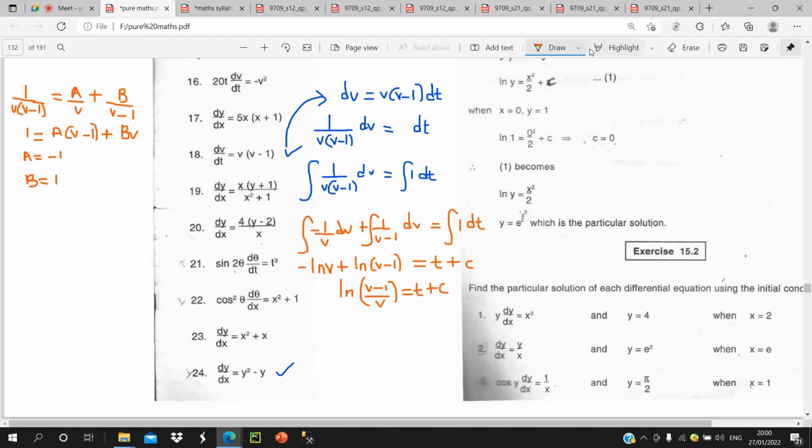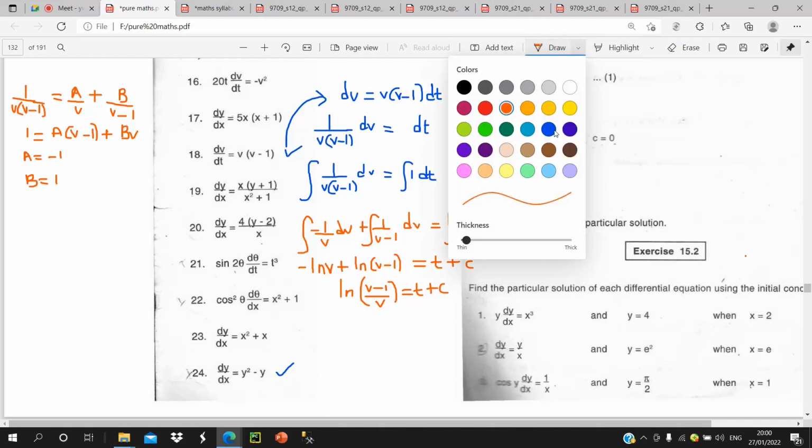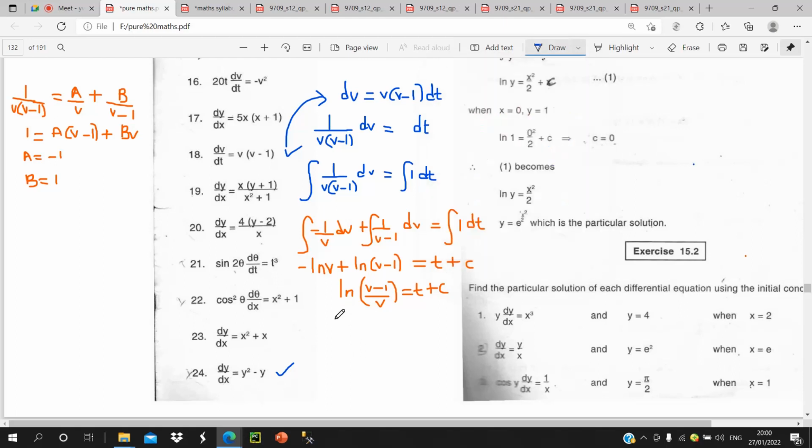So after this, we can now say, let's introduce our exponential, so that this line cancels and we have v minus 1 over v is equal to, like what I've indicated earlier, this one I can write as a to the power of t. Do you agree with me?